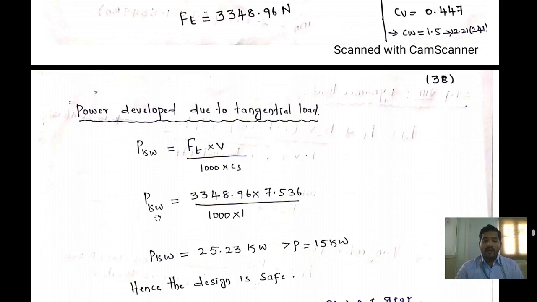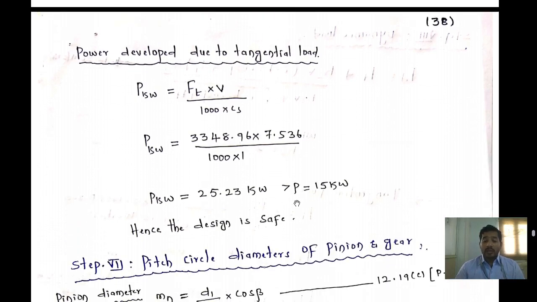If you divide the whole value, then you will get the power developed due to the tangential load as 25.23 kilowatt. So our answer should be greater than the power given in the problem. In the problem the power is given as 15 kilowatts, but our answer is 25.23 kilowatt. So that's what we can say, that our design is safe.